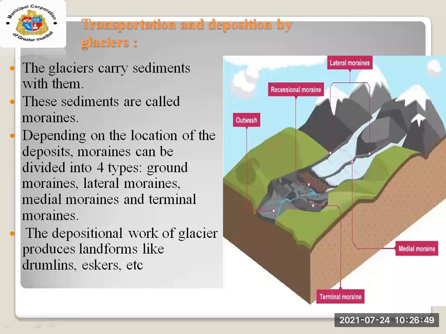Now we are going to see the transportation and deposition. Firstly, we have learned about the erosion, how is the process of glacier erosion. Now we are going to see the transportation and deposition by glaciers.